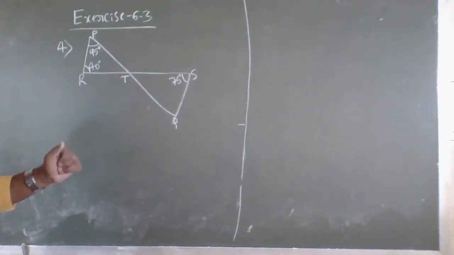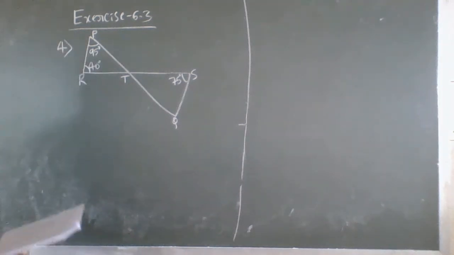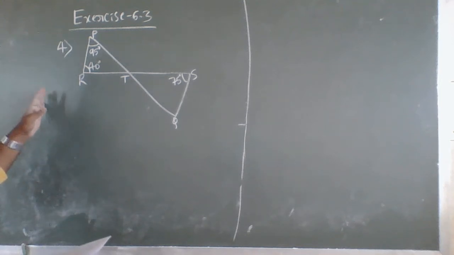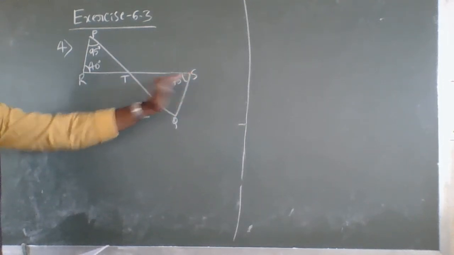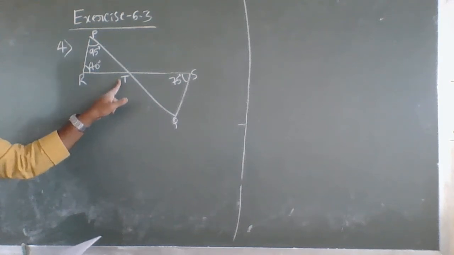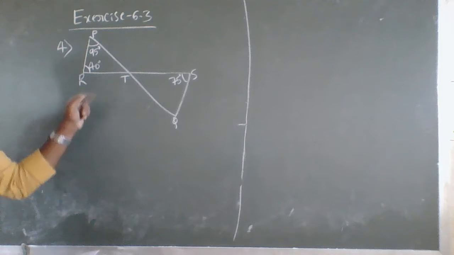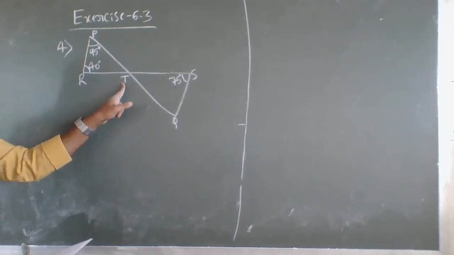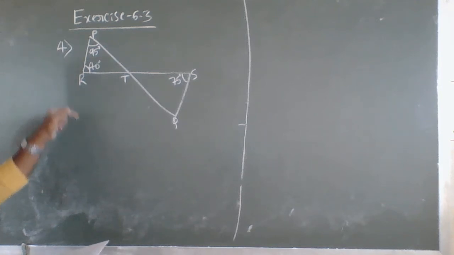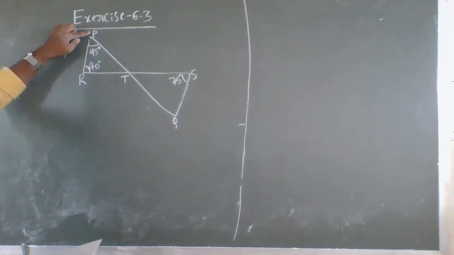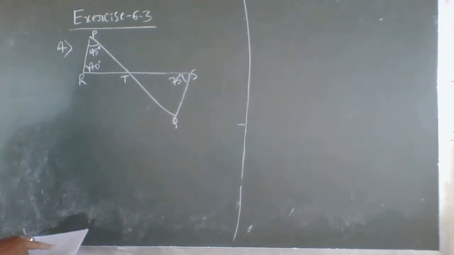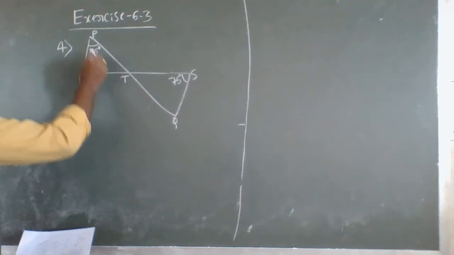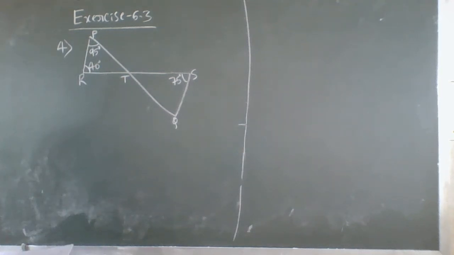So this is the diagram they have given, and what they are asking here, in the figure: if lines PQ and RS intersect at point T, such that angle PRT is 40 degree, angle RPT is 95 degree, and angle TSQ is 75 degree.